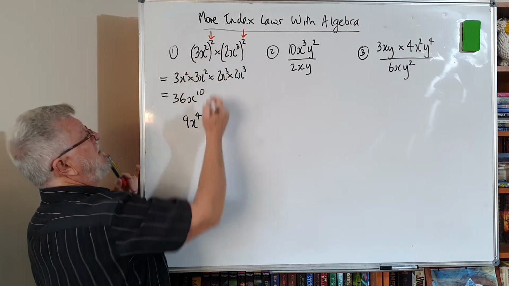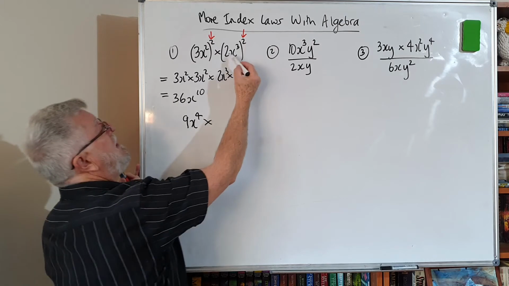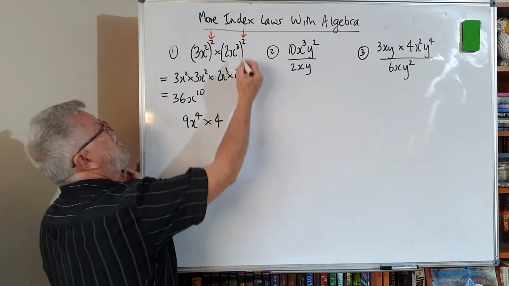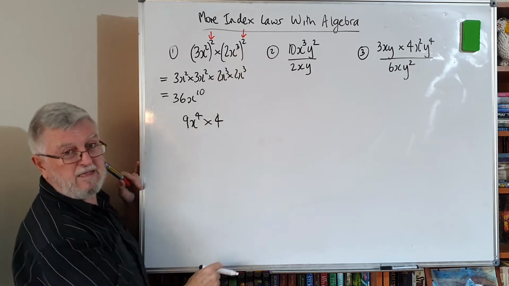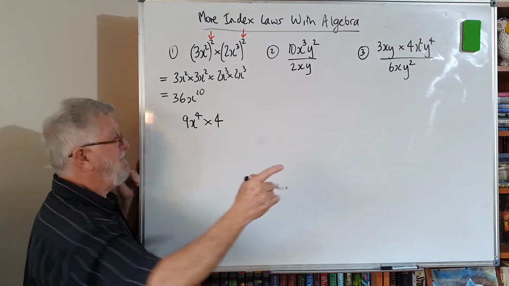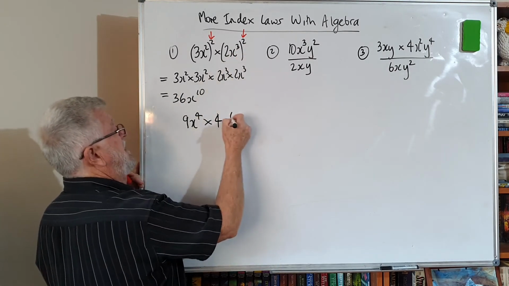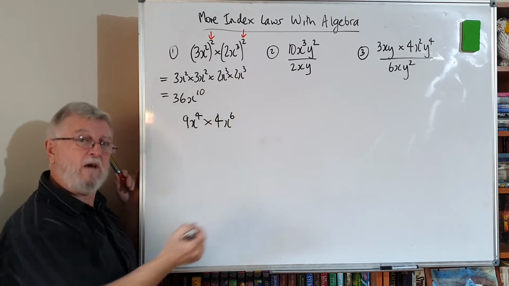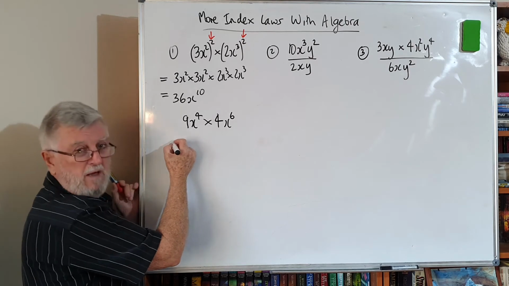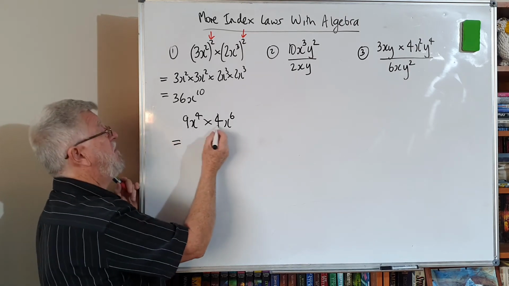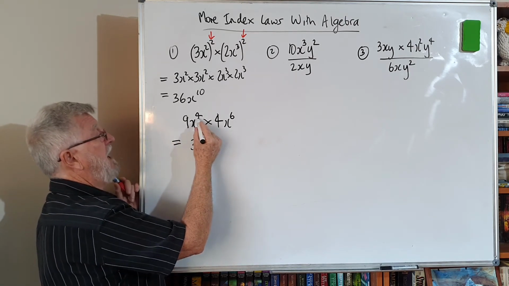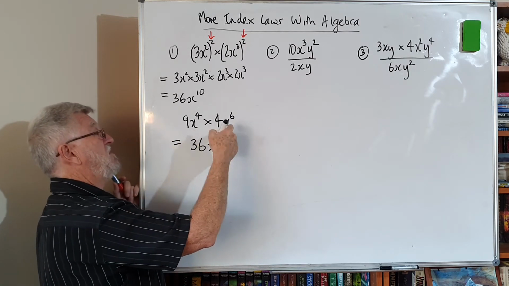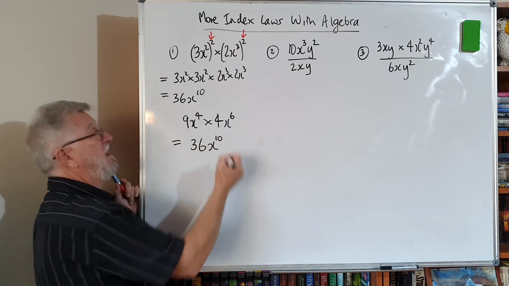X squared squared is x to the 4 multiplied by the 2 squared, so 2 times a 2 would be 4, and the x cubed squared is going to be 3 times 2, and the 3 times 2 is the 6, and you can see here, the 3 and the 3 would give us the 6. So if that works for you, most people after a while get comfortable with that. 9 4s are 36, and then you add the 4 and the 6, which is the rules for if you're multiplying, the bases stay the same, and you add the 4 and the 6 and you get a 10.